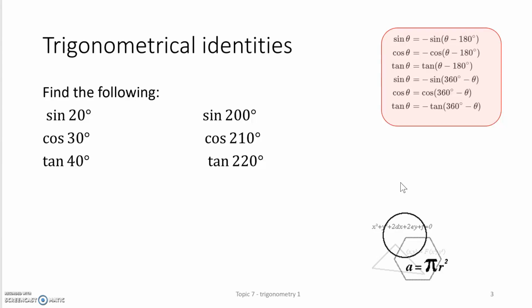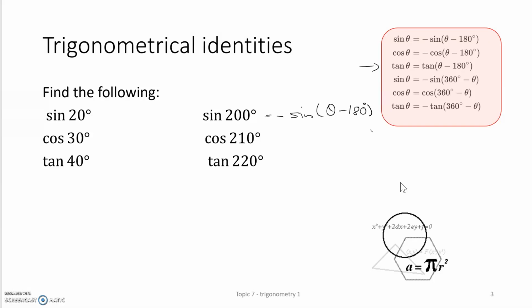One thing that it does help us do is to work out, without using our calculators too much, sines and cosines of things that just aren't straight on our calculators. For example, let's have a look at sine 200. Now, if we use the list here, sine 200 is equal to negative sine of theta minus 180.